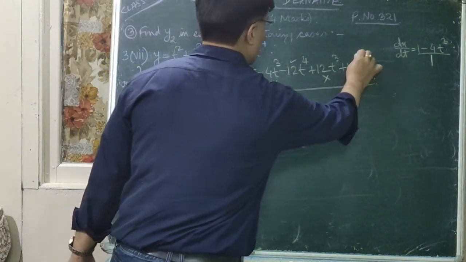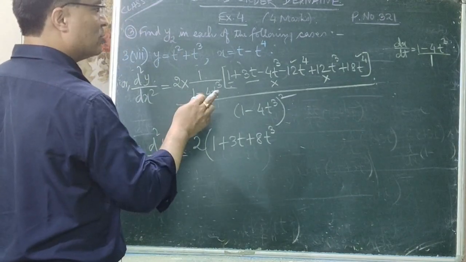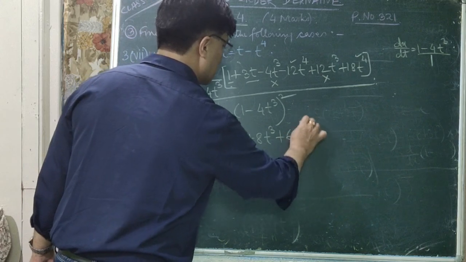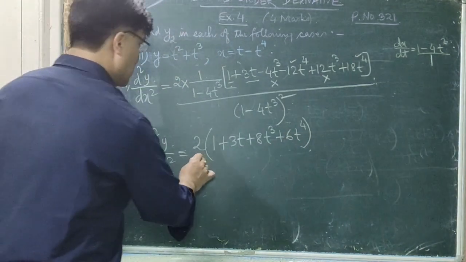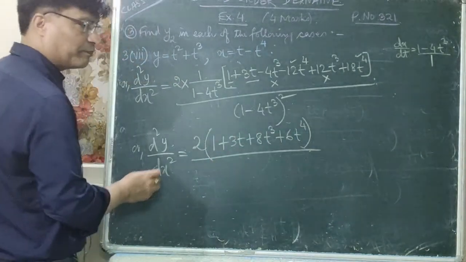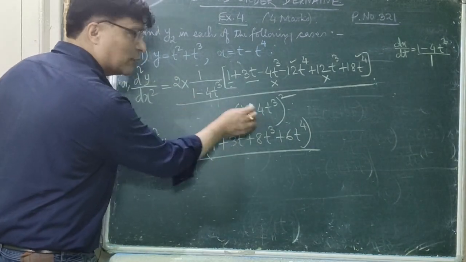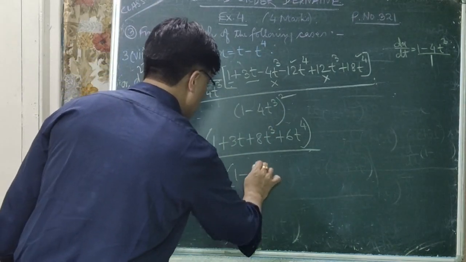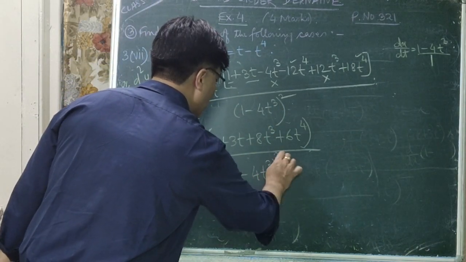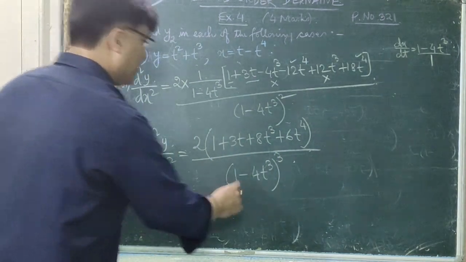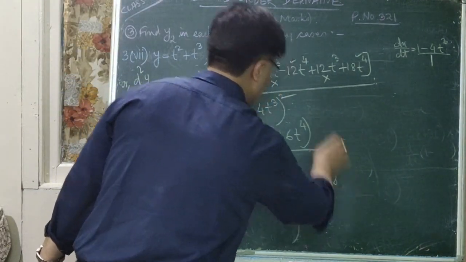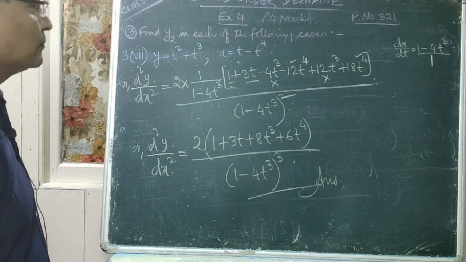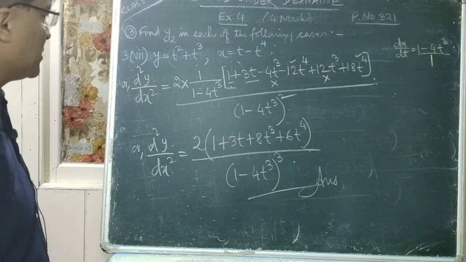Then this one: 18t to the power 4 minus 12t to the power 4 is plus 6t to the power 4. So this whole is divided by, now both these expressions are in the denominator, you can multiply them. What do we get after multiplication? It is 1 minus 4t cube whole cube. So this is the final answer. I think you have understood it. Okay, so you can copy it.